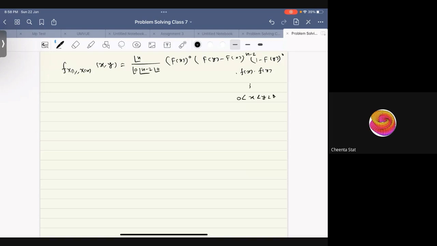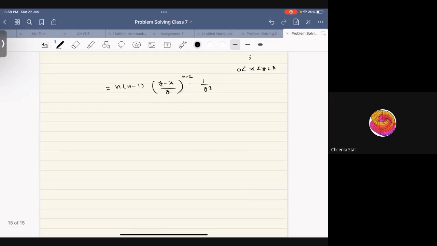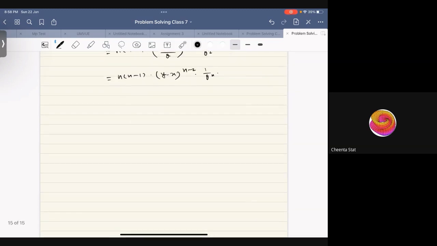Then it is n into (n minus 1), ((y minus x) by theta) to the power n minus 2, into 1 by theta squared. So that turns out to be n(n minus 1)(y minus x) to the power n minus 2, times 1 by theta to the power n.